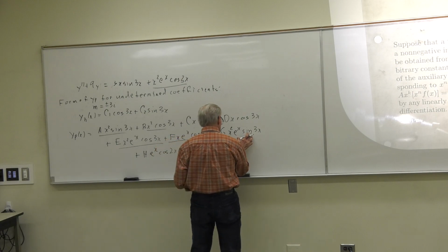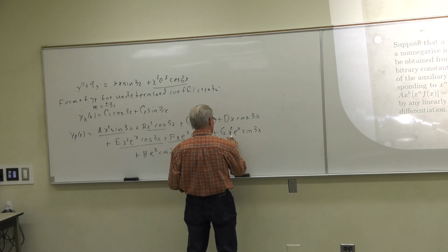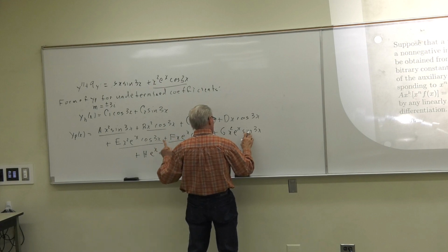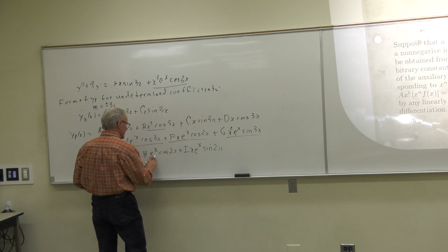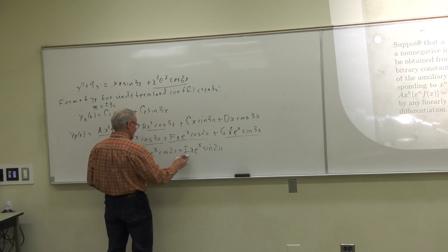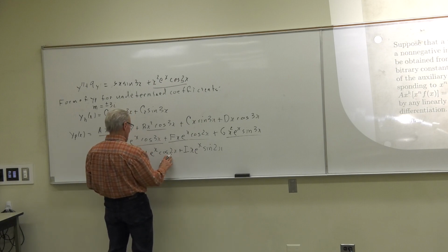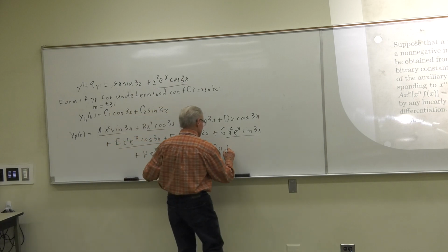So now we're taking care of this one. We're going to have x sines, got them. I'm also going to have x squared cosines, got them. All right, so I've taken care of you. Now you, differentiating, it's going to give me e to the x sines. I don't have any e to the x sines.